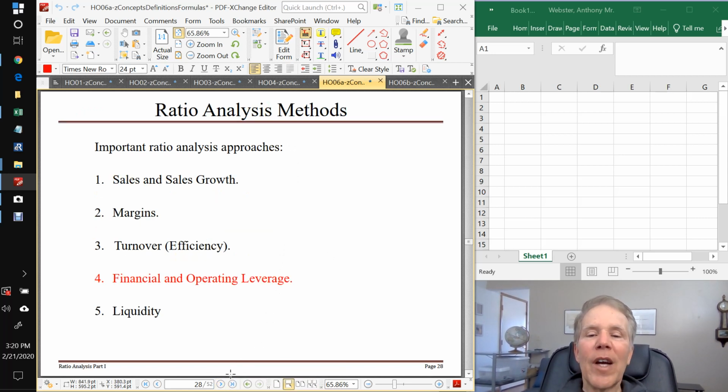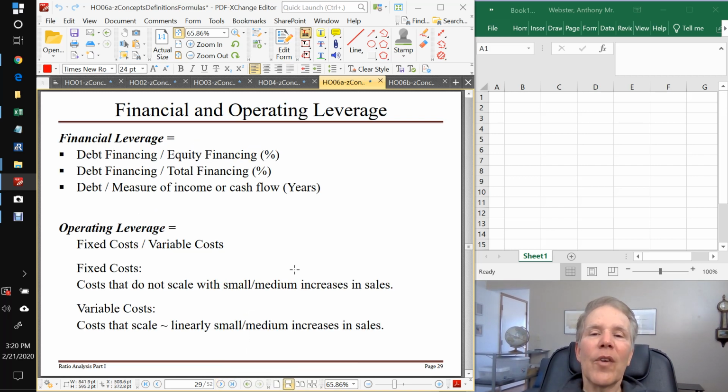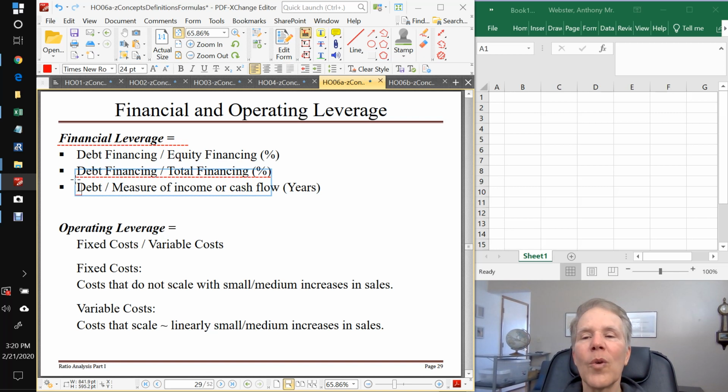All right. And then we got into leverage, extremely important, right? We are going to keep coming back to leverage throughout the semester. So we spent some quality time on this. We had two types of leverage: financial leverage, which is all about debt financing. I think the best way to measure it is debt financing versus total financing, or debt over some measure of income or cash flows.